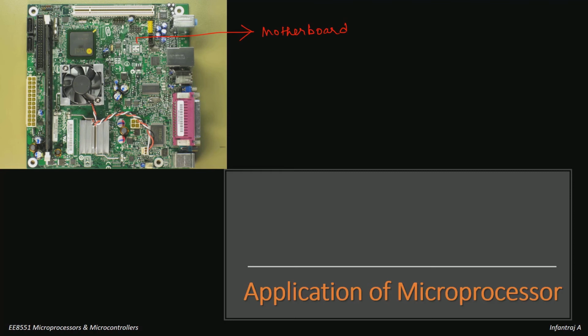The heart of this computer motherboard is this black integrated circuit, and this is called the microprocessor. The microprocessor used in this computer is an Intel. I don't know which model it is, definitely more than the Pentium version.